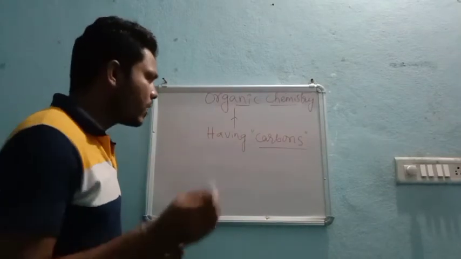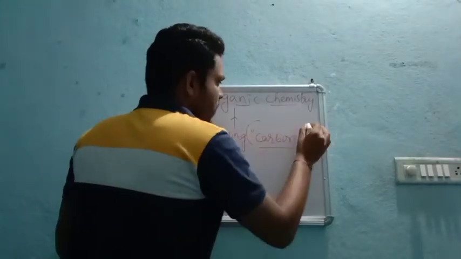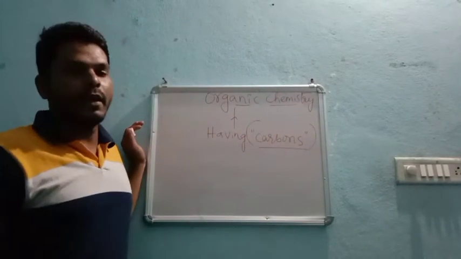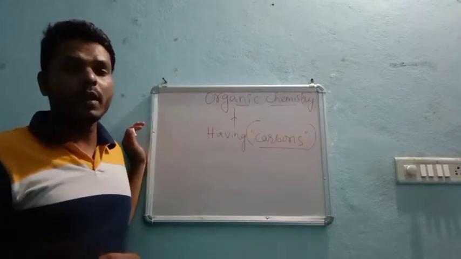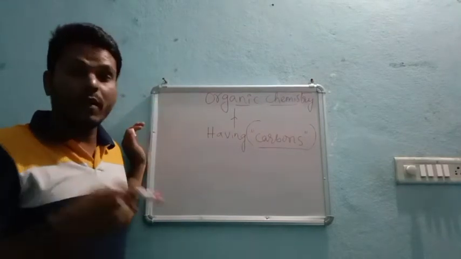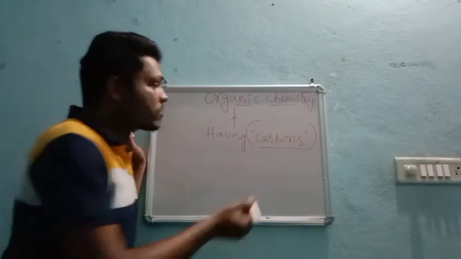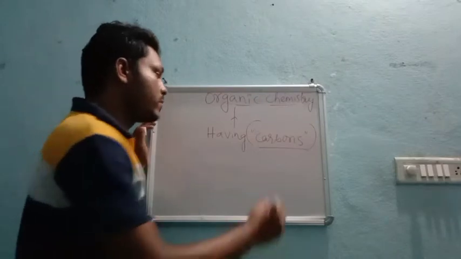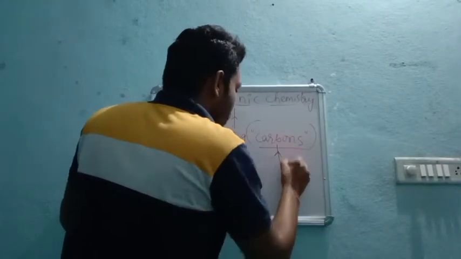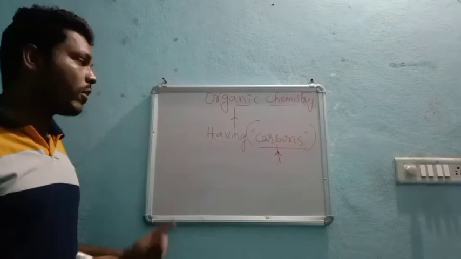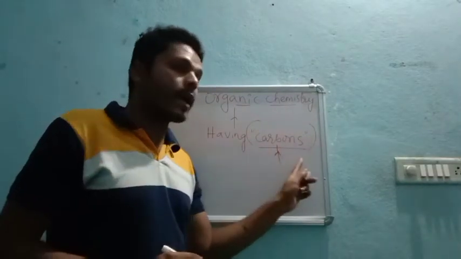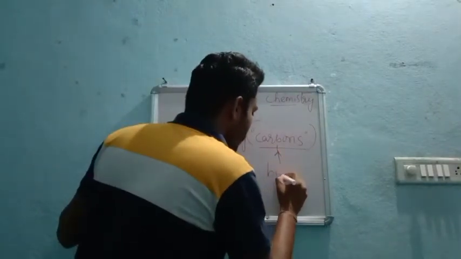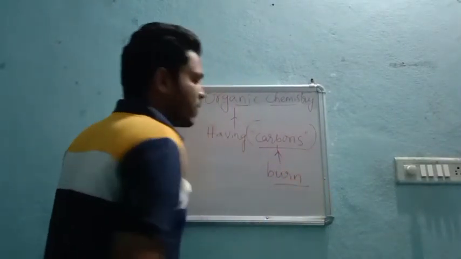Then the next thing will come. How do we know that a particular matter or thing consists of carbon? In your lower classes you might have seen that all the matters or things which consist of carbon definitely undergo burning.